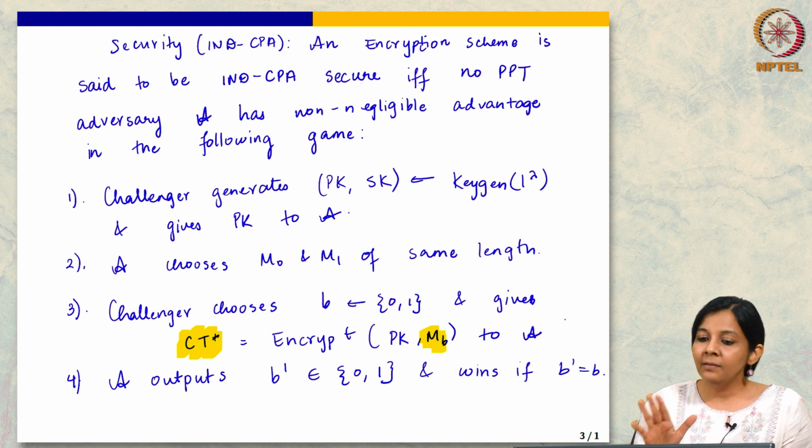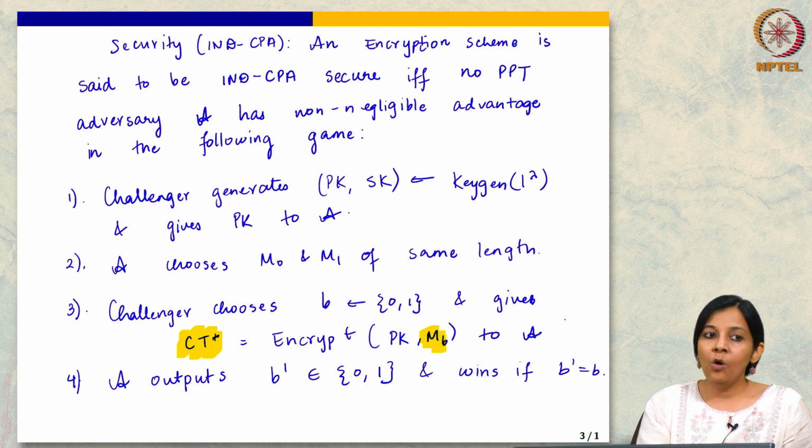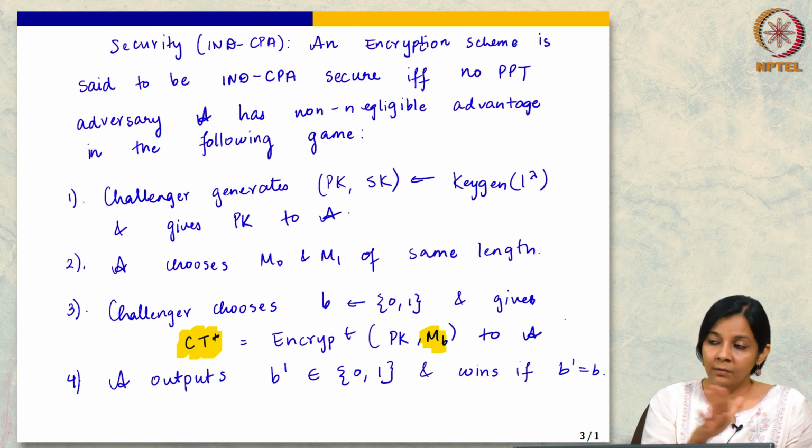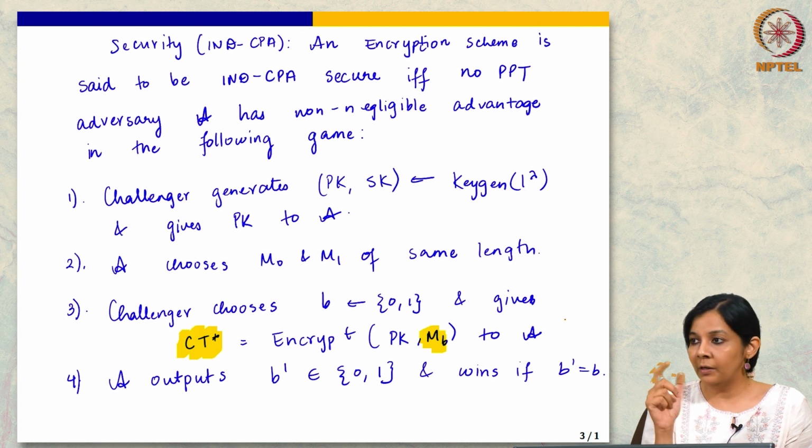And I just need a little bit of care to argue that if the attacker wins the game, if it guesses the bit b correctly, then I can also say that the DDH tuple I received would have been the real tuple, from the g to the ab distribution and not the random distribution.